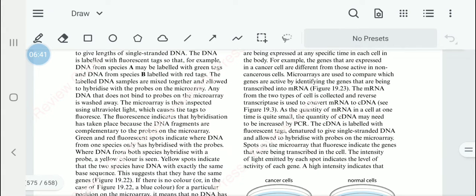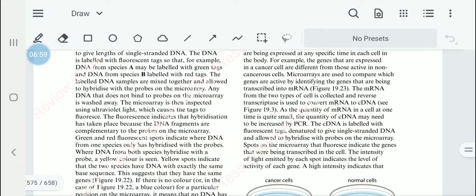For example, in cancer cells, the genes which are expressed are not similar to those in a non-cancerous cell. So you can compare the genes by identifying which genes are being transcribed into mRNA.